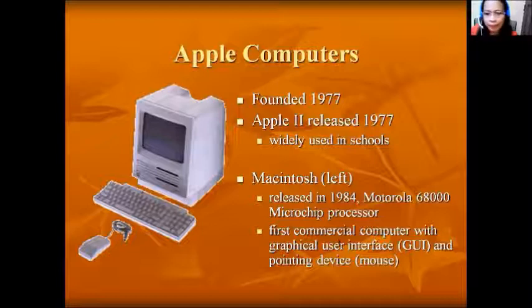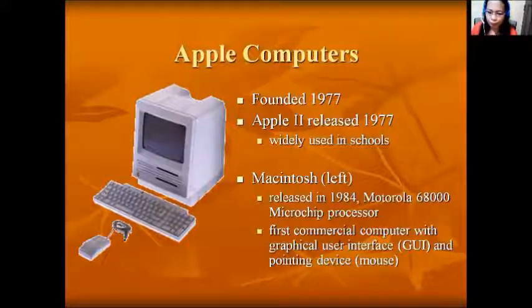So next is the Apple computers, founded 1977. After Apple II released 1977, widely used in schools. So Macintosh released in 1984, Motorola 68000 microchip processor, first commercial computer with graphical user interface and pointing device or mouse.